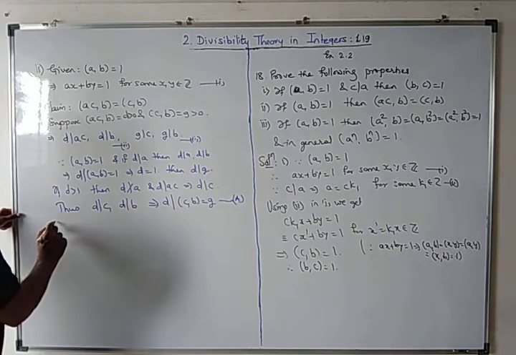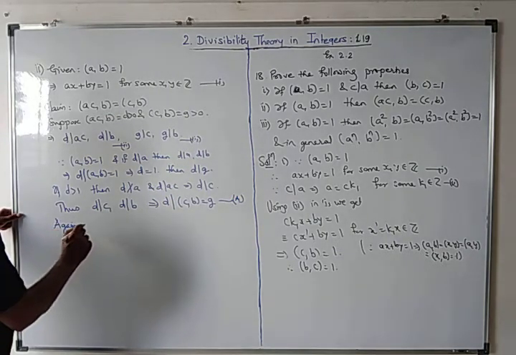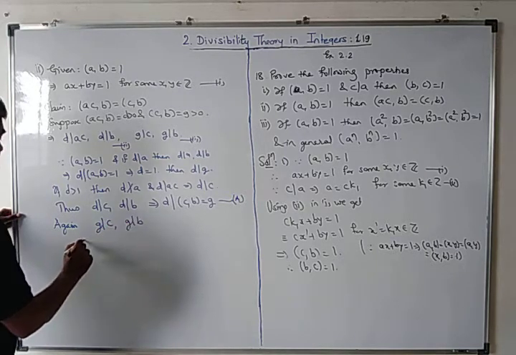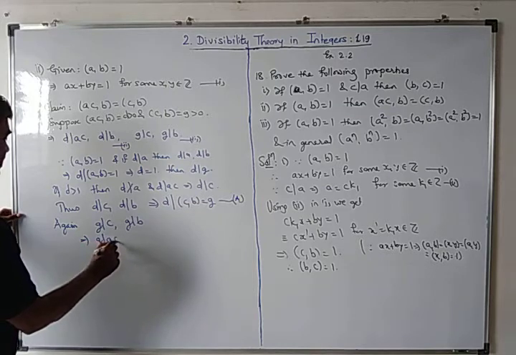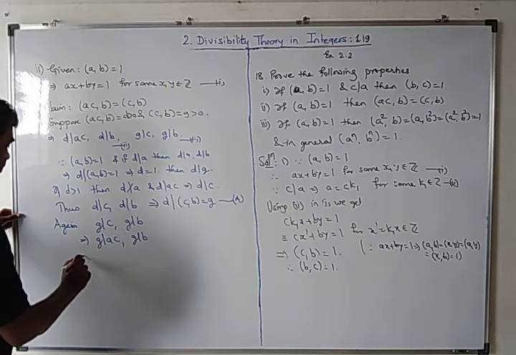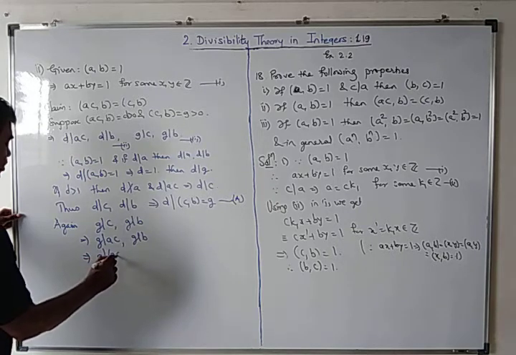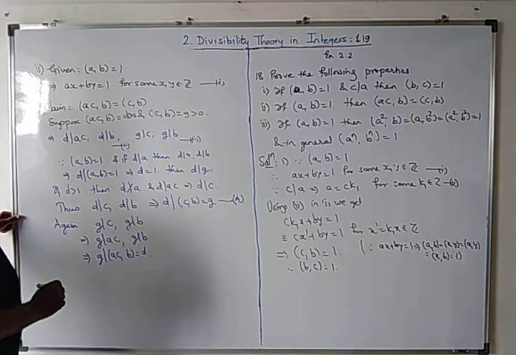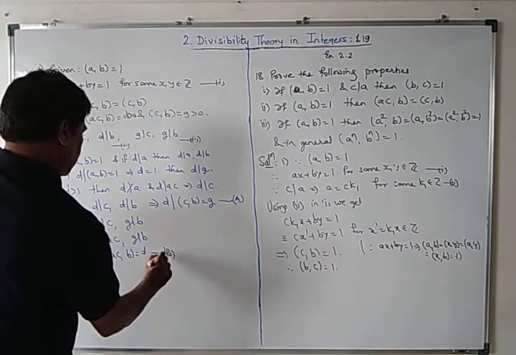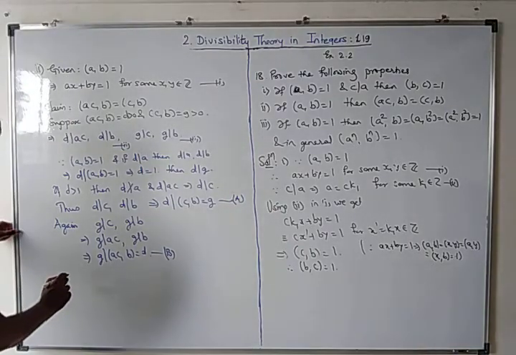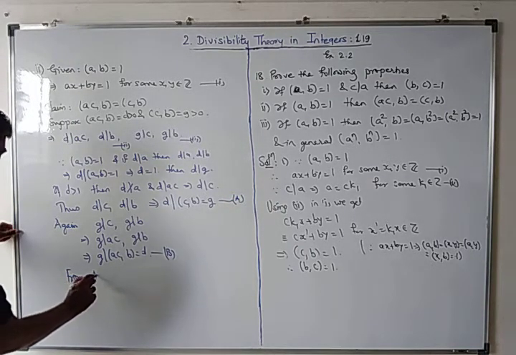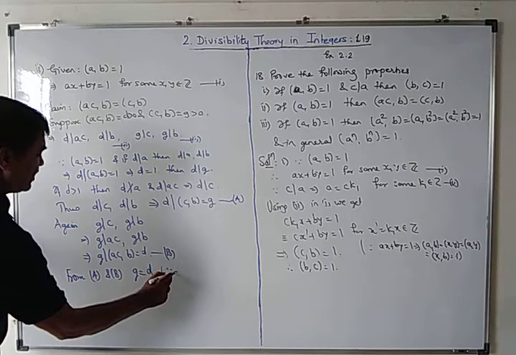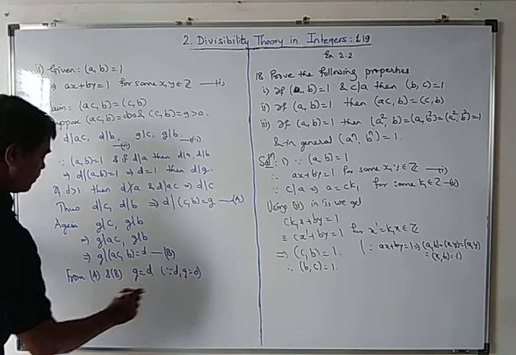Again, g dividing C, g dividing B implies g divides AC, g divides B implies g must divide GCD of AC and B, which is equal to D. So this is B. From A and B, g equal to D, since g, D are greater than 0.